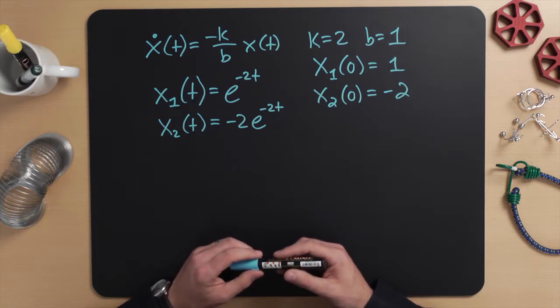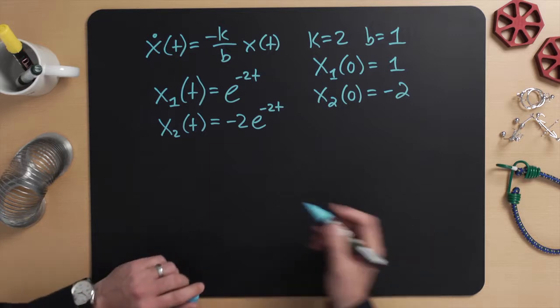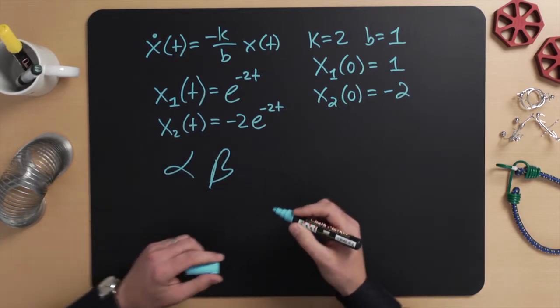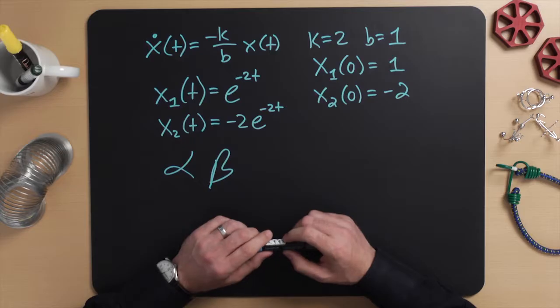Now let's assume that alpha and beta are numbers. That is, they are numbers like 1 or 1/2 or pi, or later we will even allow these numbers to be imaginary numbers. Then the principle of superposition tells us that x of t equal to x sub 1 plus x sub 2 is a solution as well. It tells us that x of t equal to alpha times x sub 1 is a solution for any choice of the number alpha.